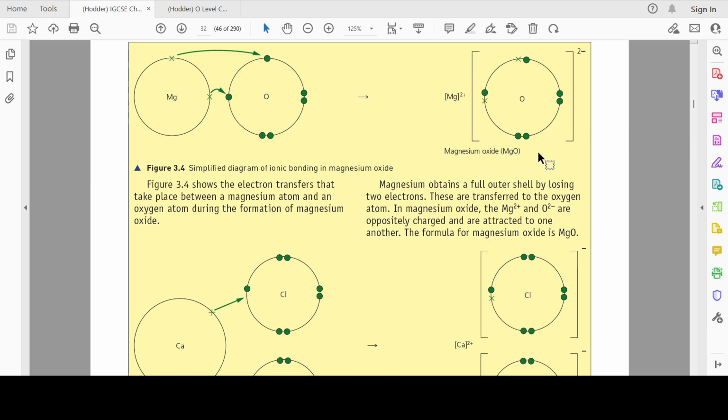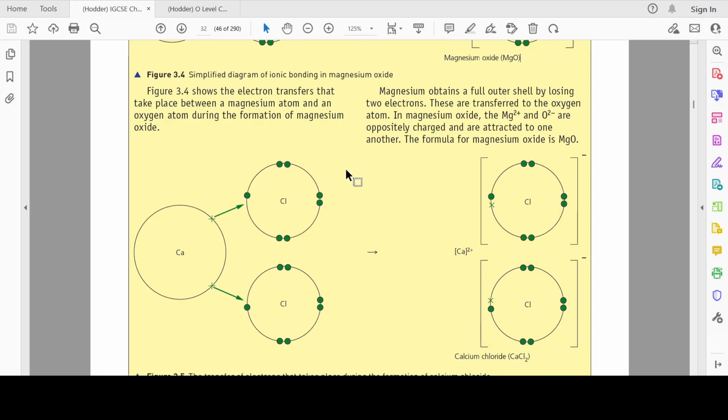When we were talking about transition metals, I covered the crossing over method for equations to understand how many atoms of each element are required in the reaction. Only one atom of magnesium is required to react with one atom of oxygen because magnesium is losing two and oxygen is gaining two, and so it's MgO.